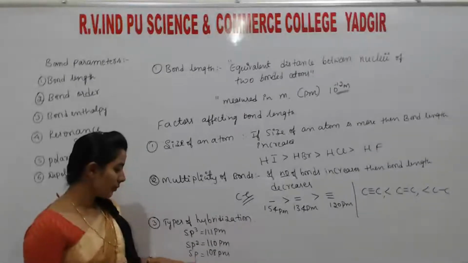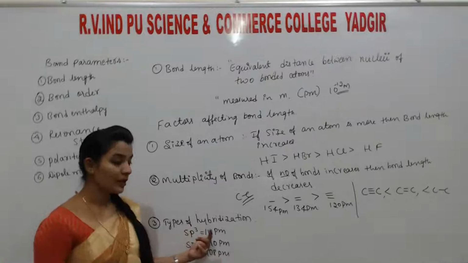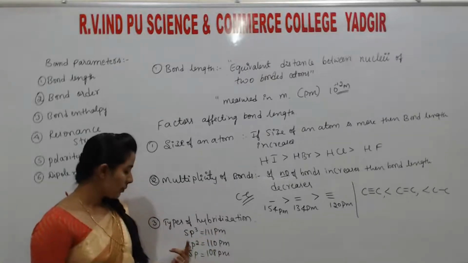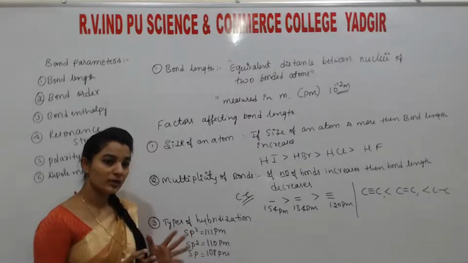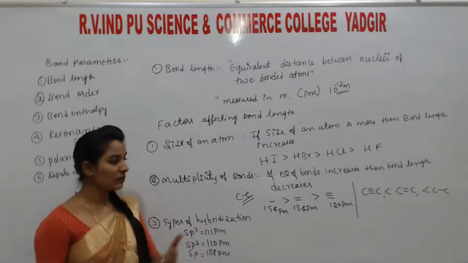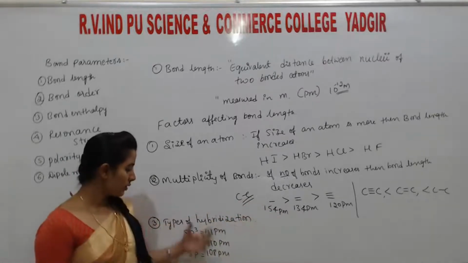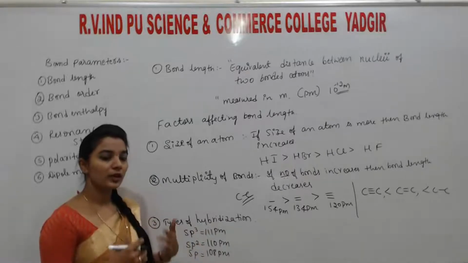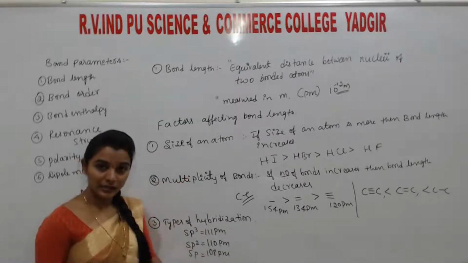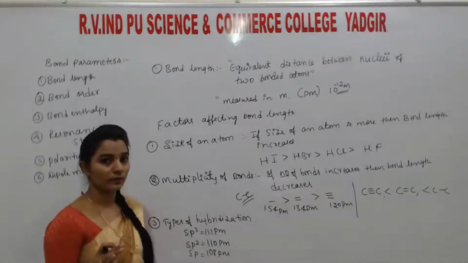So that's why here triple bond is there, bond length is less. Here the single bond is there, bond length is more. Here double bond is there in between. First single and then triple bond is there. Means with the types of hybridization sp, sp2, sp3, if the s character is less, then the bond length is more.